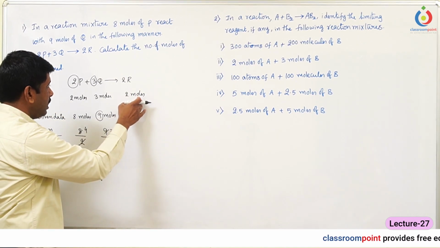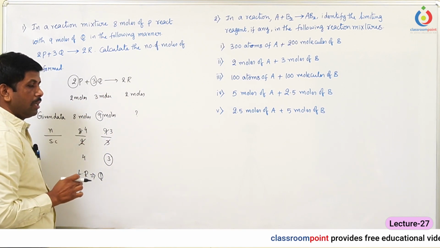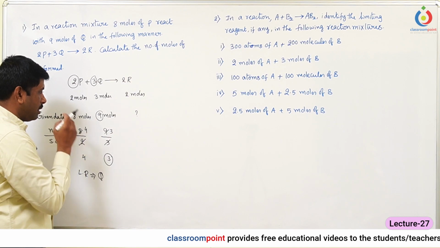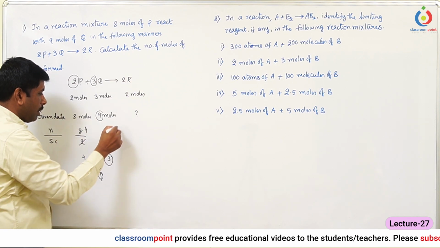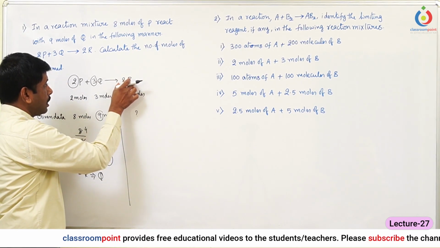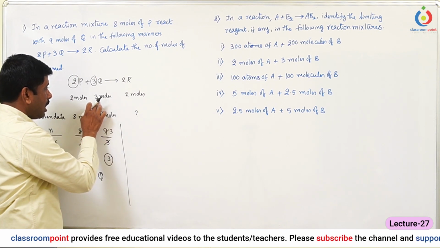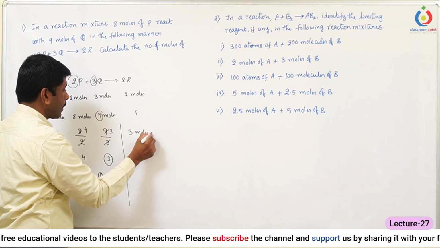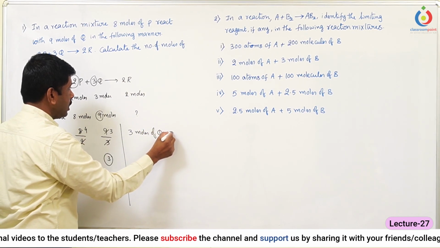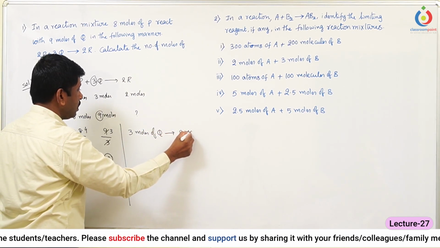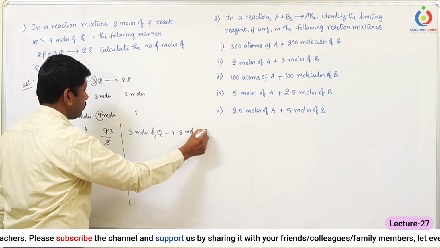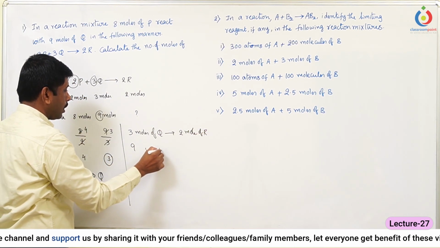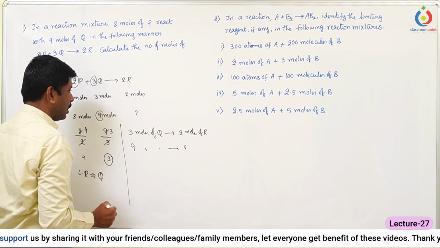Then the product has to be decided based on the limiting reagent only. That's why we don't consider the excess reagent now. So how to calculate the number of moles of R formed? According to the balanced equation, 3 moles of Q produce 2 moles of R. Then 9 moles of Q can produce how many moles of R?